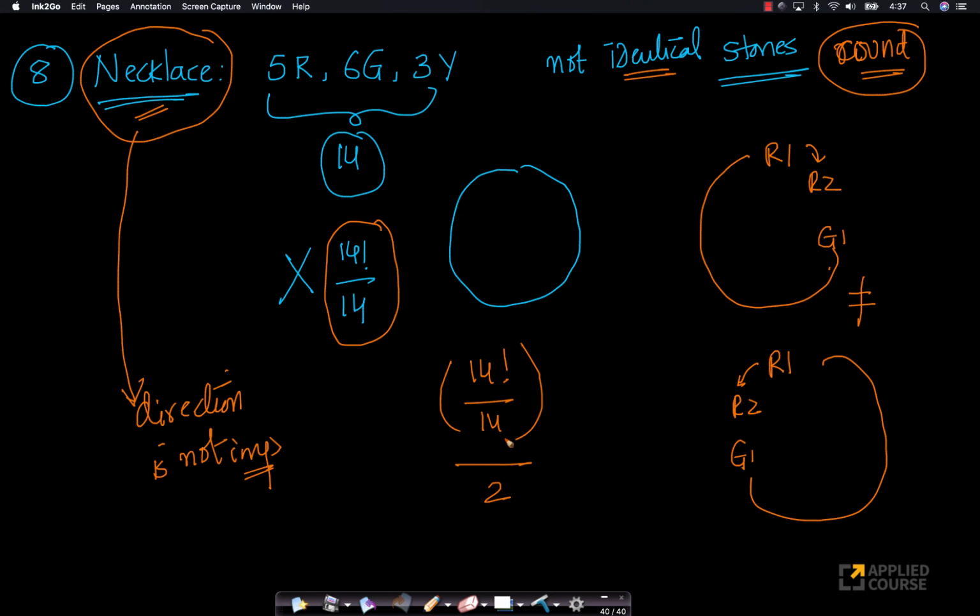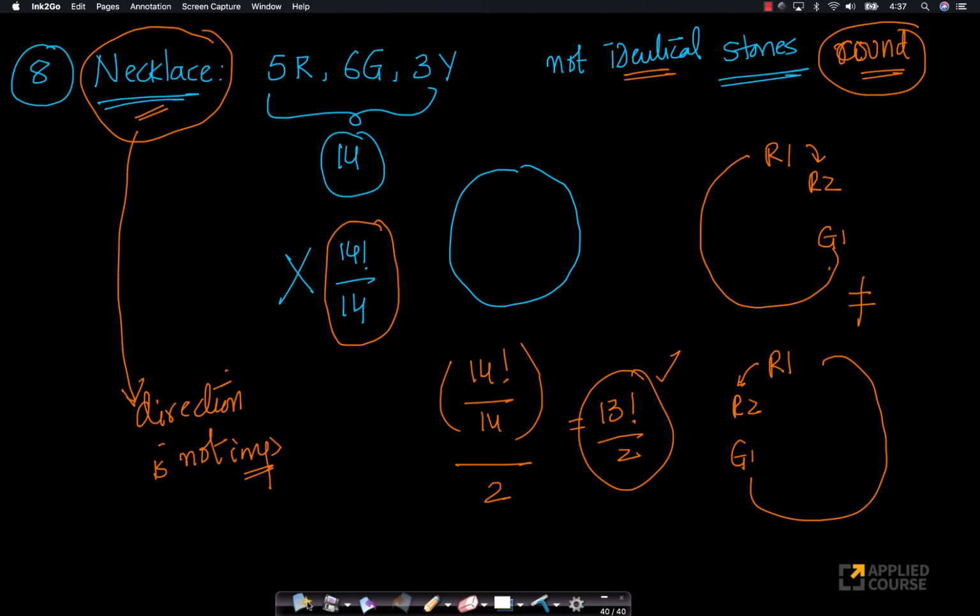In my 14 factorial by 14, I counted these 2 as distinct arrangements, but when constructing a necklace, I'll consider these 2 to be the same. That's why I'm dividing the whole thing by 2. So this will be equal to 13 factorial by 2. Necklaces are a very nice special case of circular arrangements.